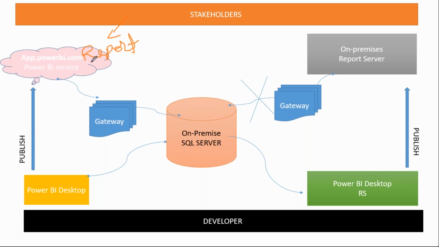Okay, now in order to have this report with the latest data, it should talk with my on-prem database. Yes or no? This is like a tower. It's not a tower, but this will act as a tower.